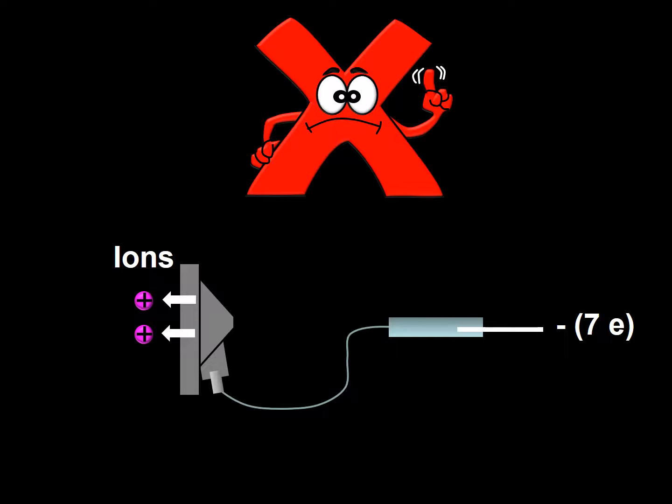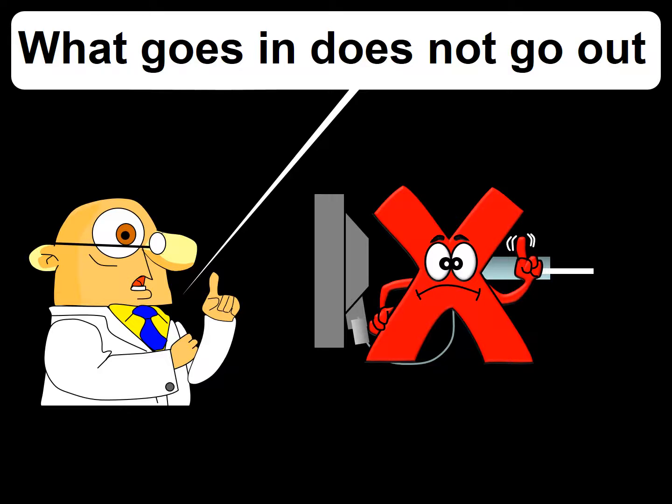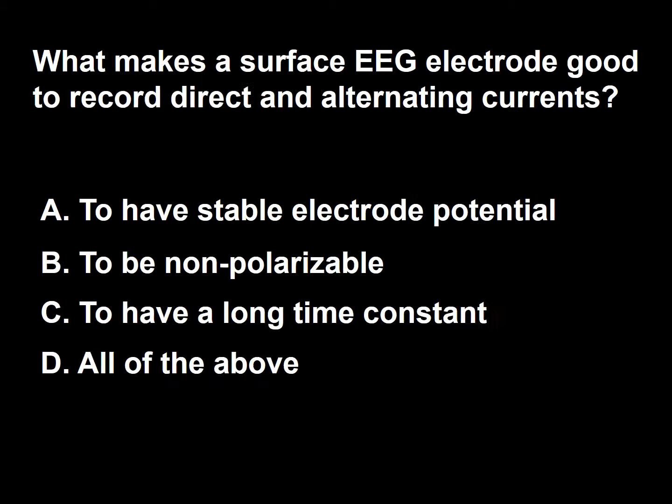And the same happens if presented with positive charges at the level of the pin. So, in good electrodes, the charges going in are equal to the charges going out, regardless of the direction. While with bad electrodes, what goes in is not equal to what goes out. So, the answer to this question is B.